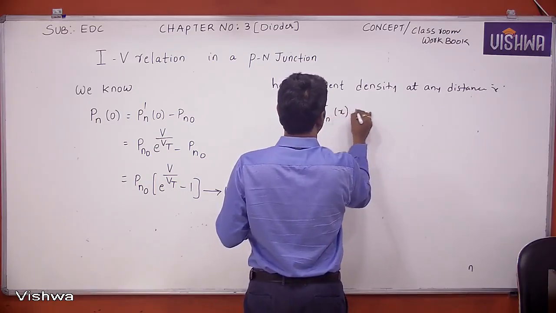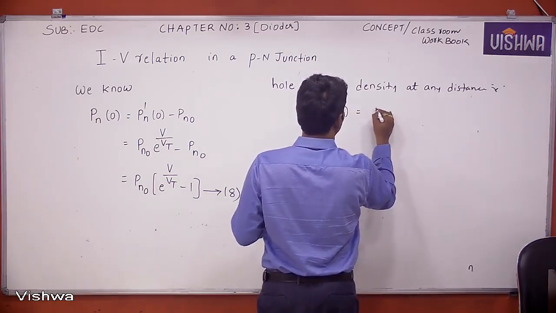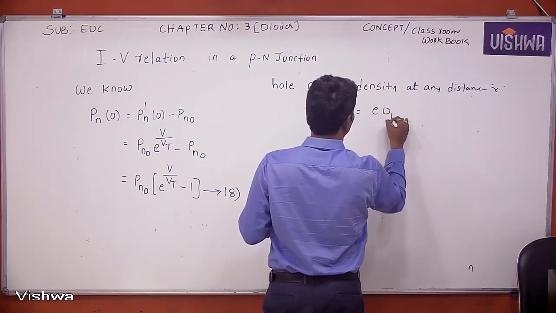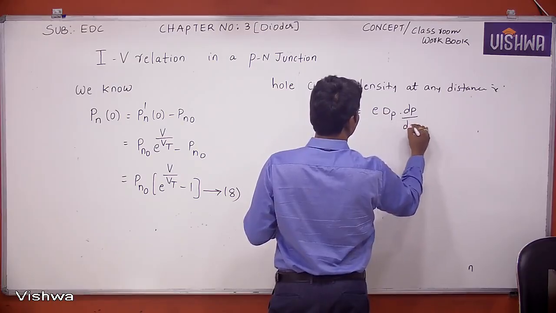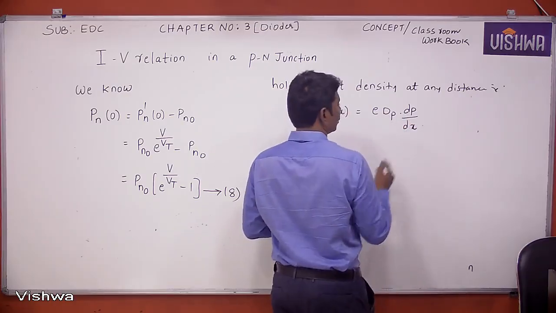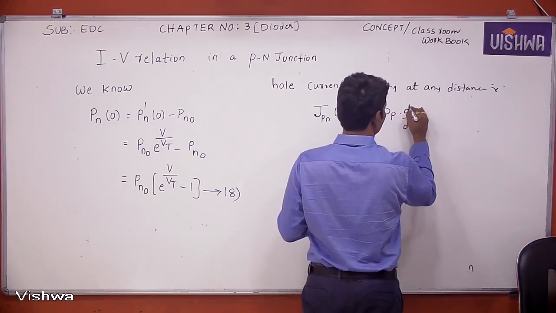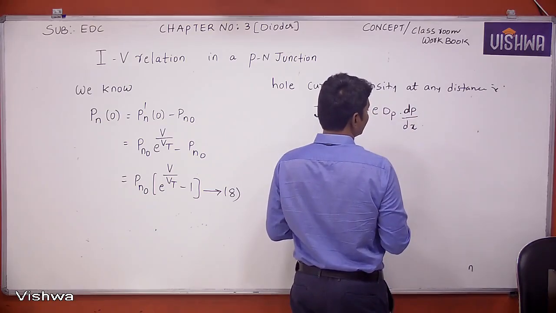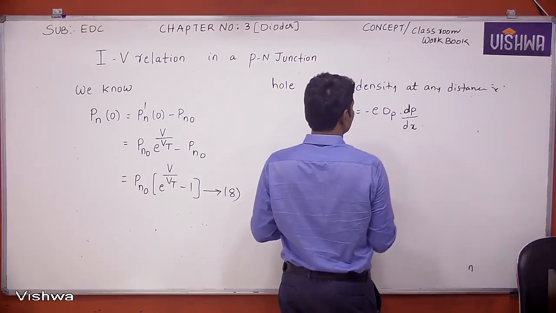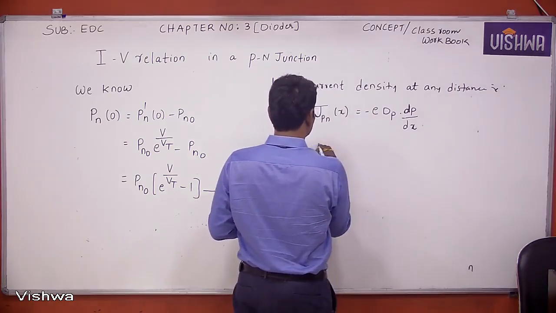Jpn of x is equal to minus E into Dp into dp by dx, right? This dp by dx is nothing but the concentration gradient or concentration change. This is minus, right?